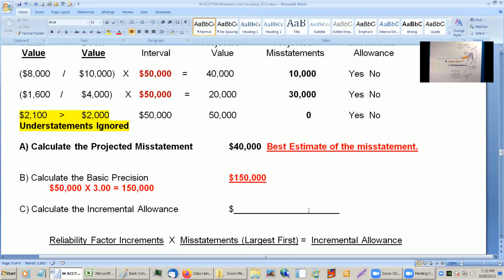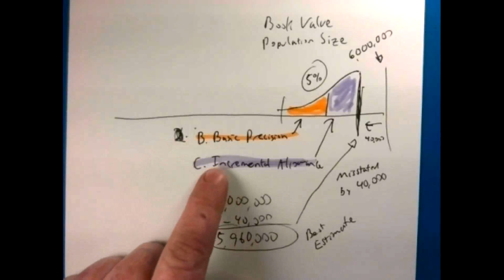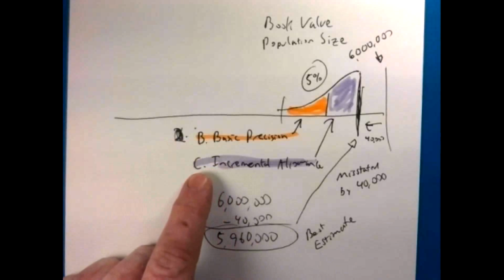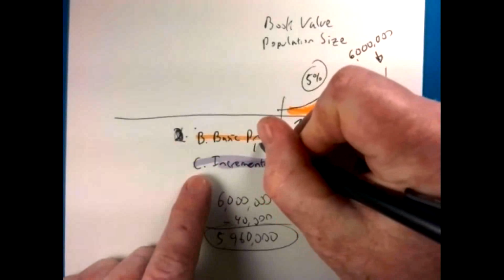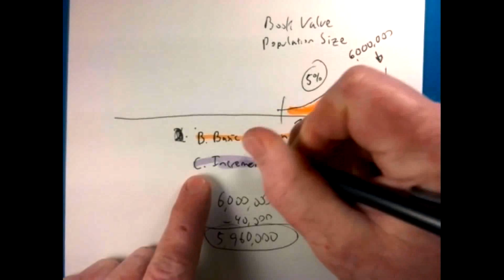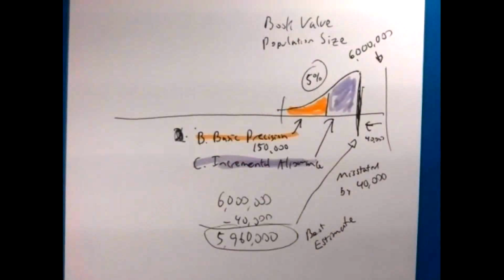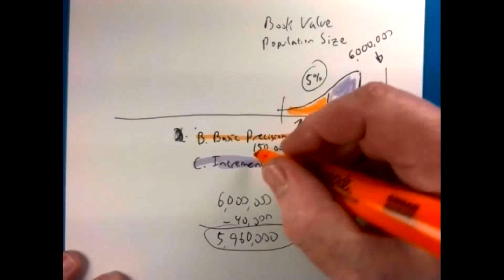Okay, so here's what we're saying so far, anyways, that this thing could be another 150,000. So basic precision means that this could be up by another 150,000. Now you may be wondering, okay, well, what is that? What is the basic precision? What does that even mean? You know, that it could be off by 150,000.